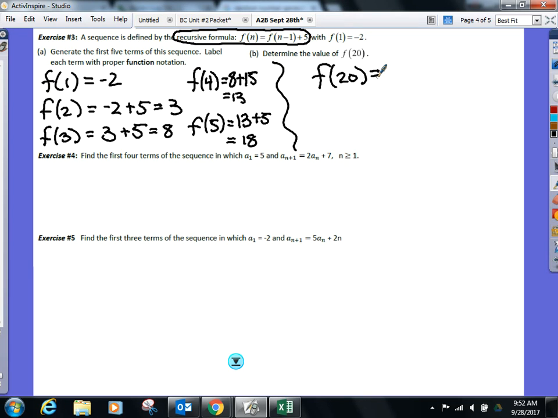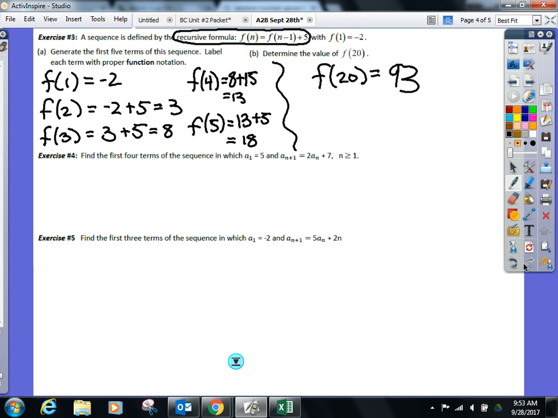How did we get 98? You start from negative 2, remember? Yeah. 93. And what is wrong with that 3? That's what happens when you don't look at the board.